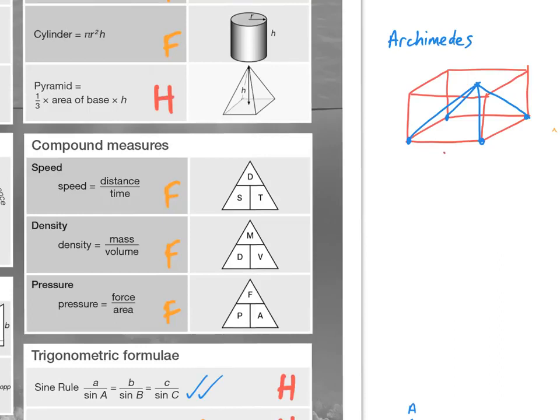So if this was A, this was B, and this was C, the volume of the cuboid, as you know, is just ABC, or A times B times C, but the volume here of the actual pyramid in blue would be ABC divided by 3. So basically, if I melted down 3 of those pyramids and poured them into the entire cuboid, it would fill it up completely.